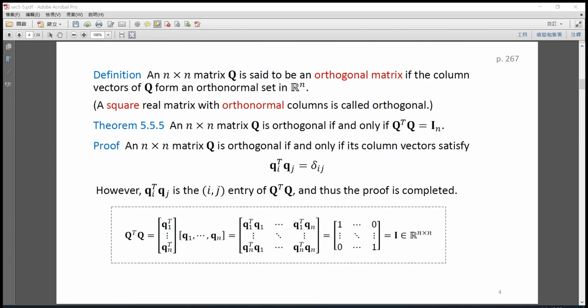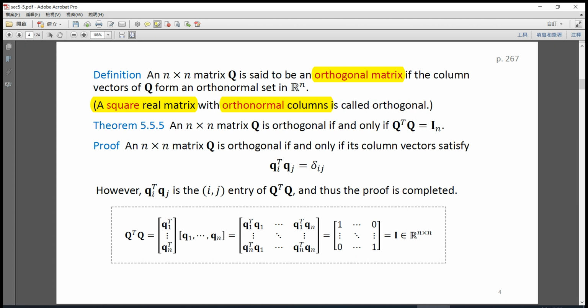Next, we define what is an orthogonal matrix. An n times n matrix Q is said to be an orthogonal matrix if the column vectors of Q form an orthonormal set in Rn. That is, an orthogonal matrix is a square real matrix with orthonormal columns.